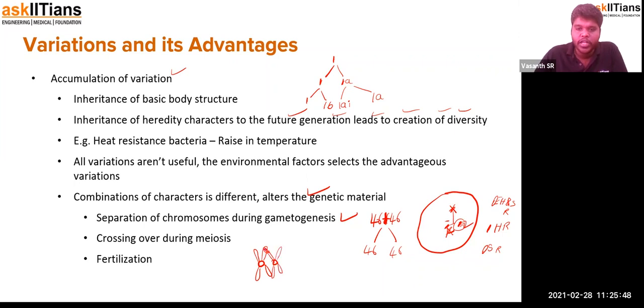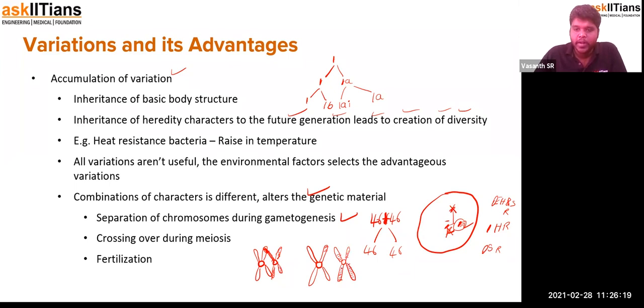So this genetic material will be interchanged with each other. How? Due to this, it will be having something like that. It is not necessary this crossing over should take place only in one arm.